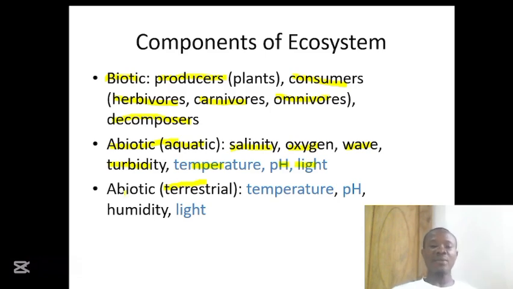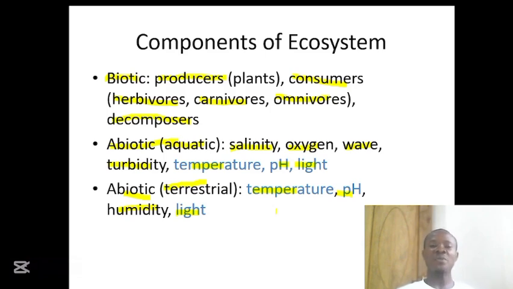Under the abiotic components that affect terrestrial life, we have temperature, we have pH, we have humidity. Humidity is the amount of water or water vapor in the air. And we have light. In here, we also have rainfall. But briefly, let's talk about temperature, how it affects terrestrial life.